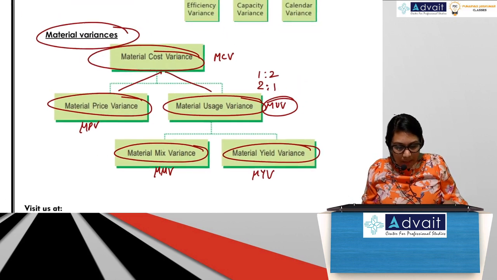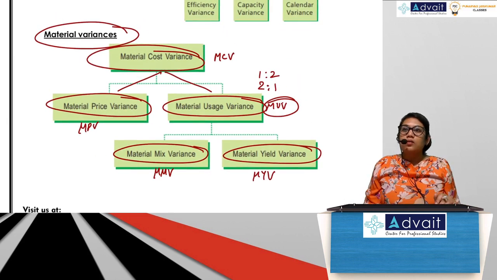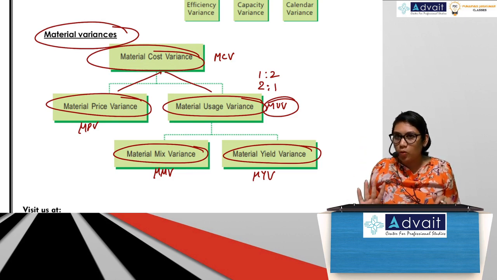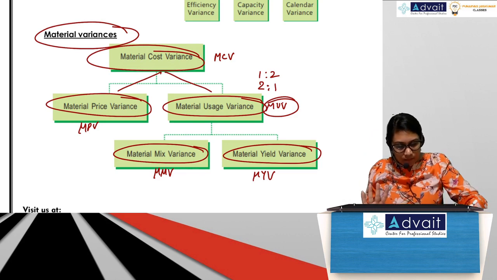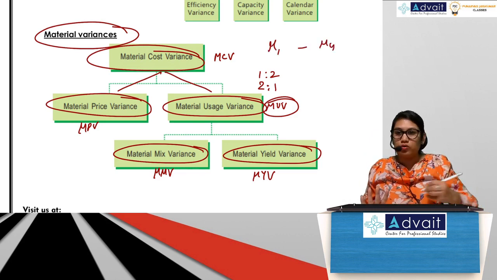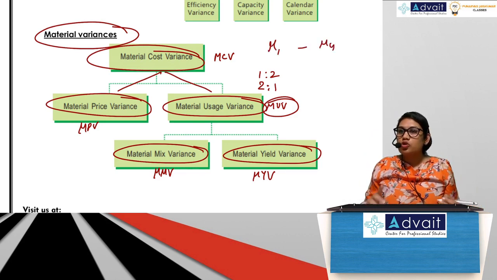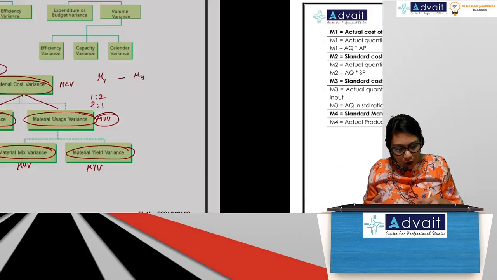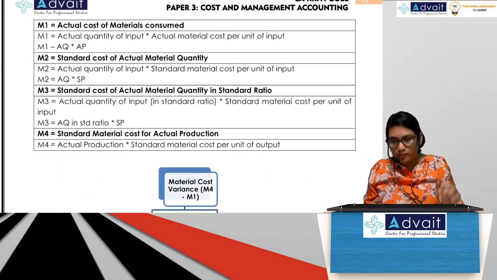Okay, so my method is simple. We have 4 components to calculate. They vary from M1 to M4. So M1, M2, M3, M4. So let's see what each of them stand for.